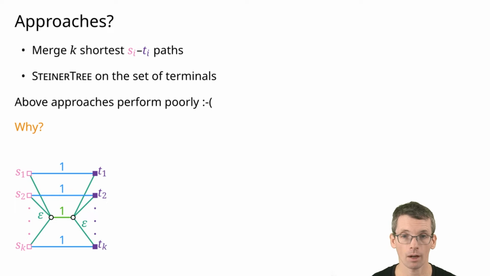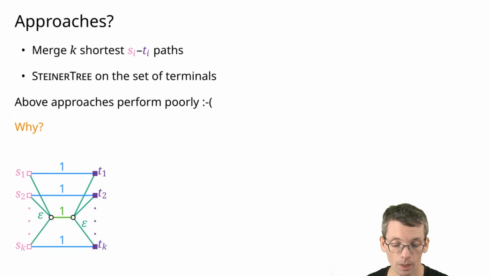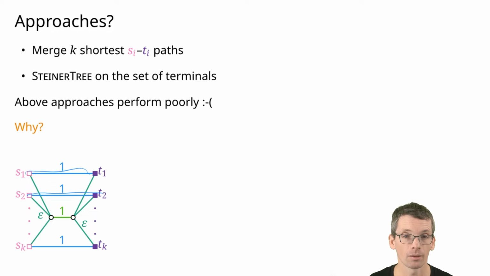And now I have an edge with cost 1 between those two. Then the shortest path remains what it is for each of the Si, Ti, but the minimum Steiner tree, and minimum Steiner forest, has weight essentially something like epsilon plus 1, so it is significantly smaller.